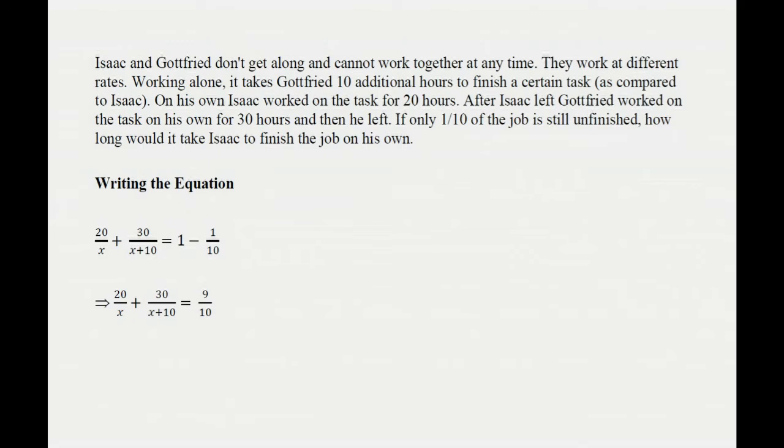Now, based on those two statements, we have also concluded that every hour Isaac does this much, 1 over X portion of the job, and Gottfried does this much. Let's write it down. It's worth our time, trust me. And of course, this is coming from our previous slide.